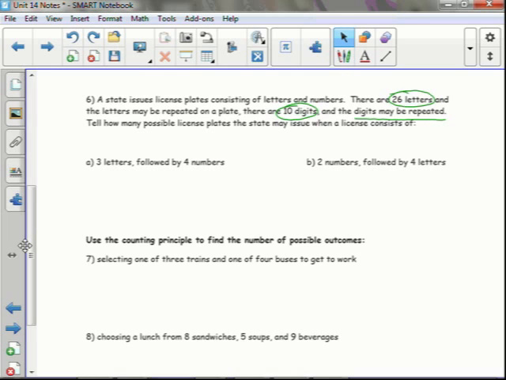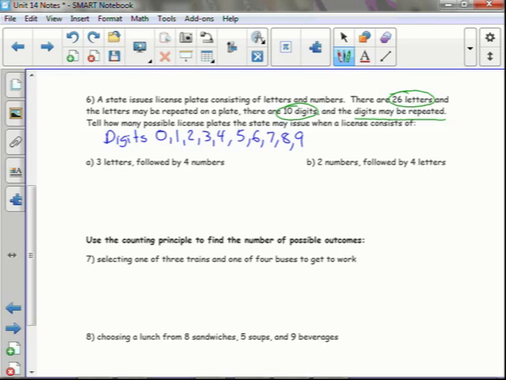The reason there are 10 digits is because 0 counts as a digit. So the digits are 0, 1, 2, 3, 4, 5, 6, 7, 8, and 9. We count 0 as a digit, which is why there are 10.